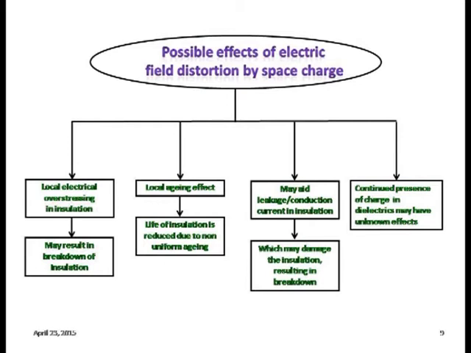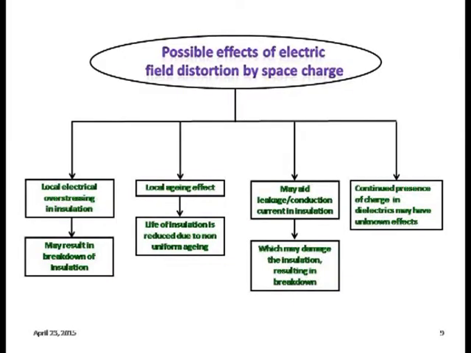Whenever the electric field is high, J is sigma E, where sigma is the conductivity. So if E is high somewhere, the leakage conduction may be very high there, and that may cause failure or damage of the insulation. And we don't know, continued presence of space charges may cause some unknown effects. Until now the investigations are not complete.